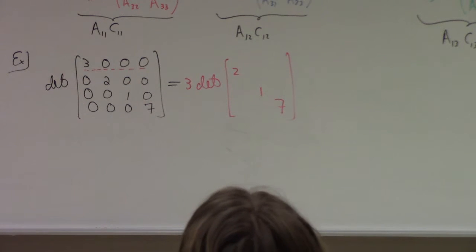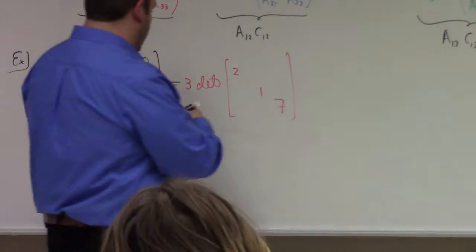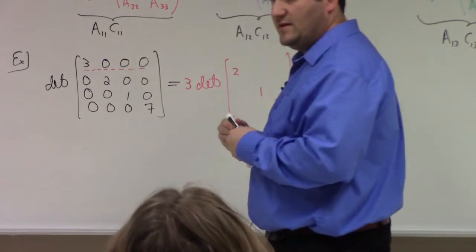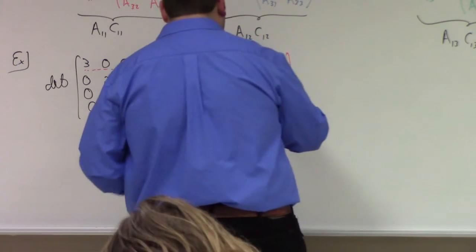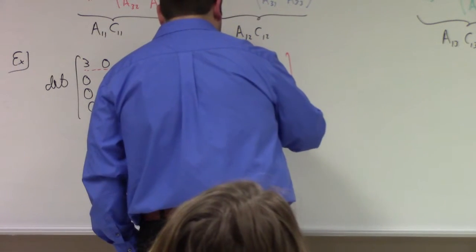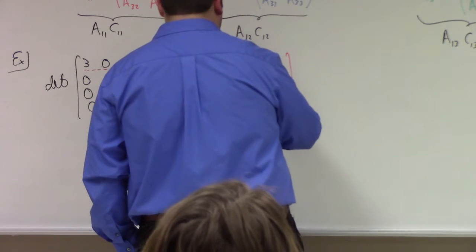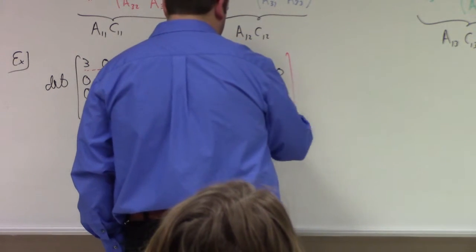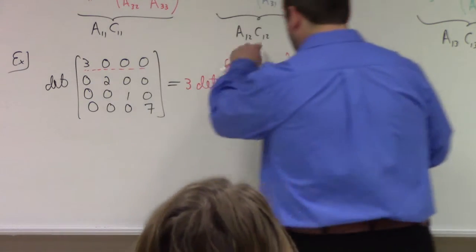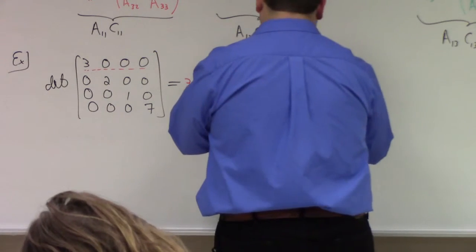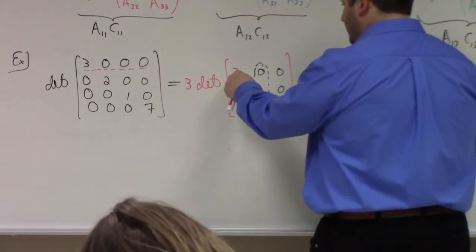Are you with me so far? Does that make sense? Yes. And then you look at this, and we do the column expansion again. This time I'll be weird. I'm going to expand across this one. These are all zeros. So if I expand on that column, let's see here.